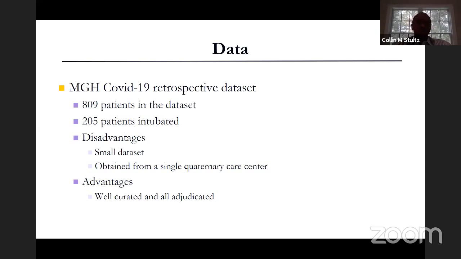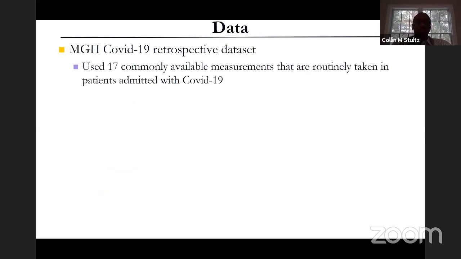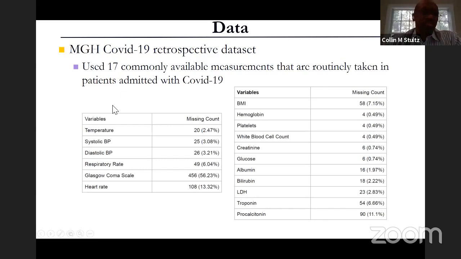What can we do with it? Well, we did what I think most people would do at the outset. We looked at the variables that are routinely collected in patients who are admitted with COVID-19, and we identified about 17. Some of them are listed here: temperature, systolic blood pressure, things that are obtained from essentially everyone.